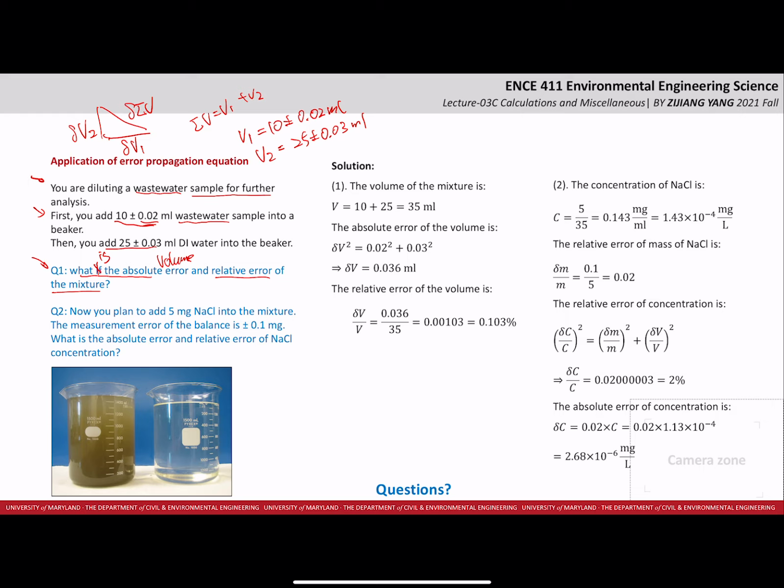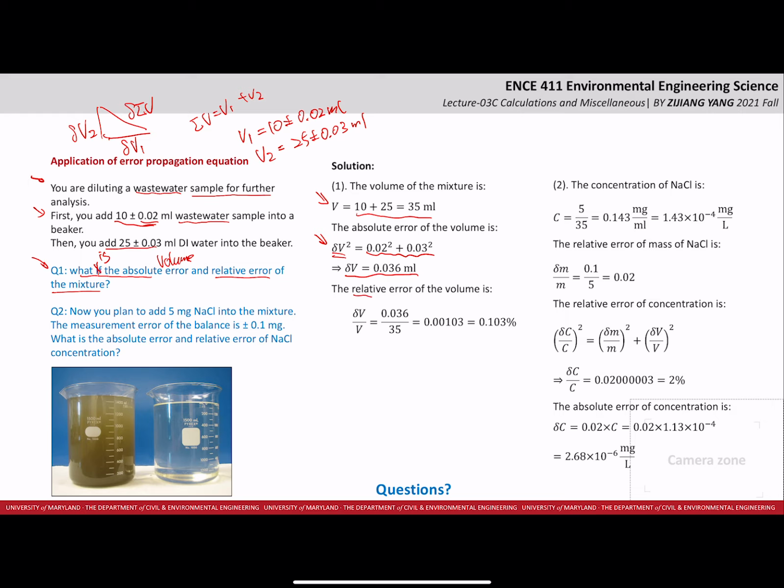So in this case, we can calculate the total volume equals V1 plus V2, and the square of the absolute error of V equals the sum of the squares of its components. So we have this one, and then we can solve this equation and get this one. So this is the absolute error of the total volume.